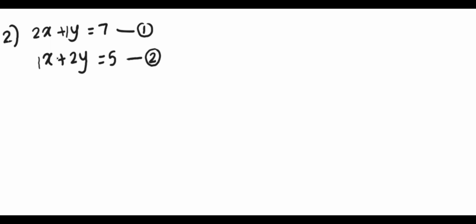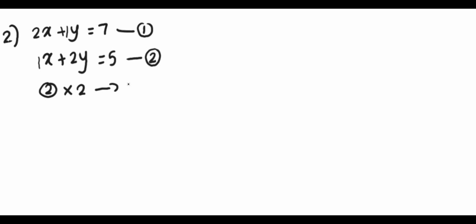I multiply the second equation by 2, which is the coefficient of x in the first equation. If I multiply this second equation by 2, you can see that I can get the coefficients equal. So let's get the third equation.